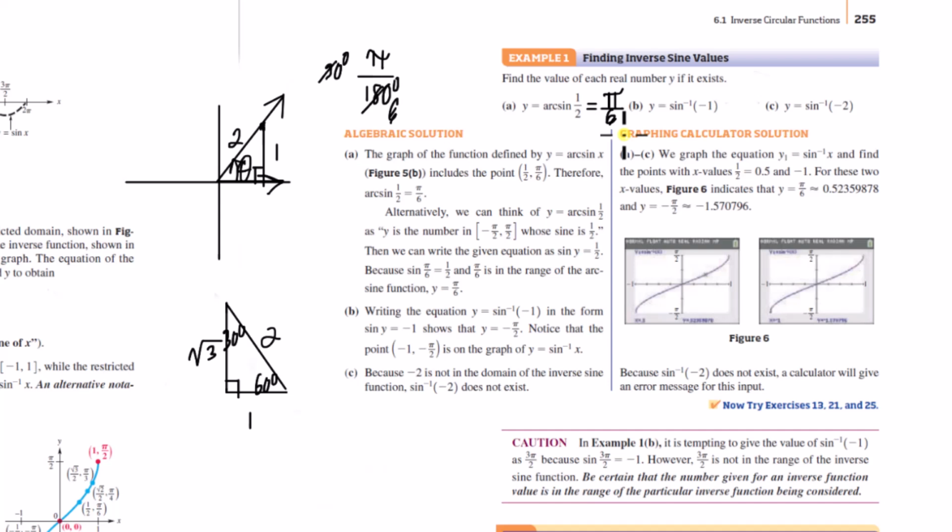However, if you think about it, I might not have said this correctly in the beginning of this video. If we're wondering what angle, when you take the sine of that angle, you get 1/2, well, it's going to be 30 degrees and every angle coterminal with 30 degrees.